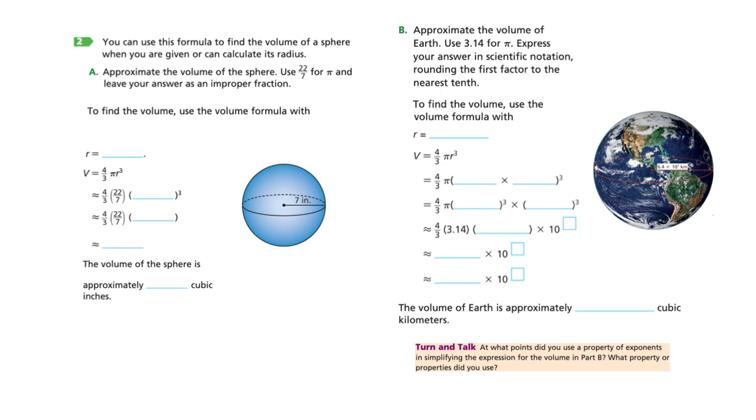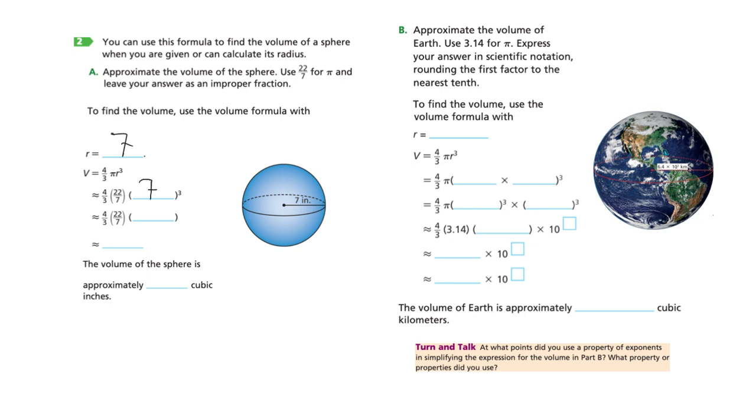So let's look at A. Approximate the volume of the sphere. They want you to use 22/7 for pi and leave your answer as an improper fraction. So let's get started on this one. To find the volume, use the volume formula with r equals 7. So the volume equals 4/3 pi times the radius cubed. So 4/3 times 22/7 times 7 cubed.